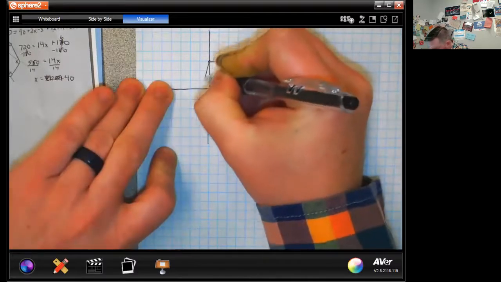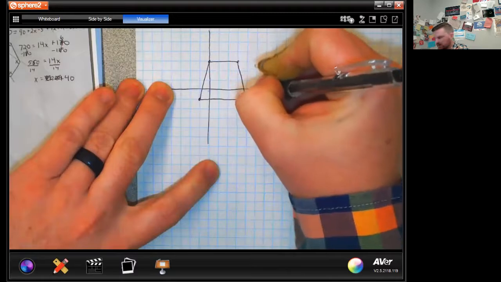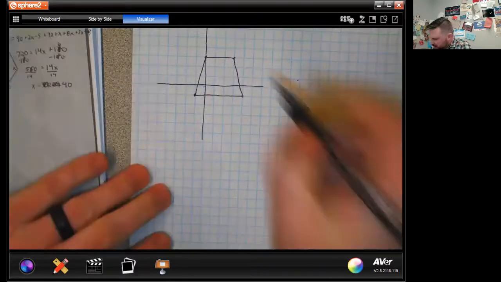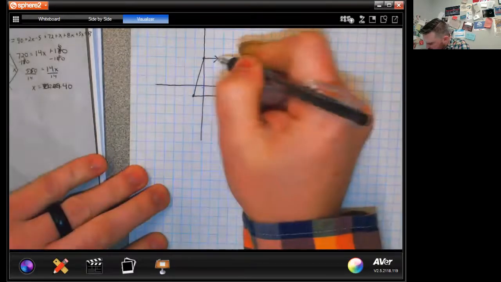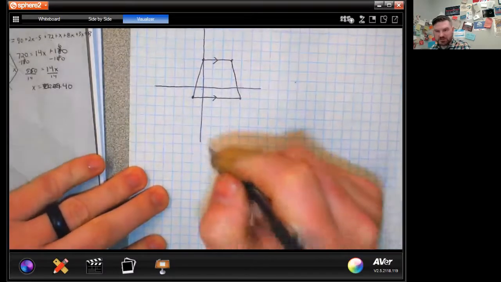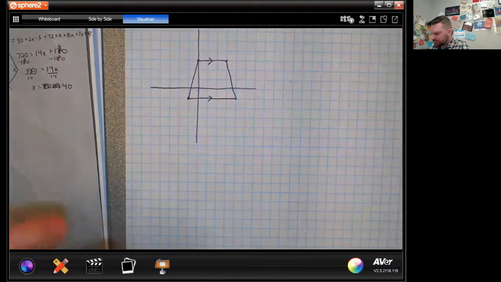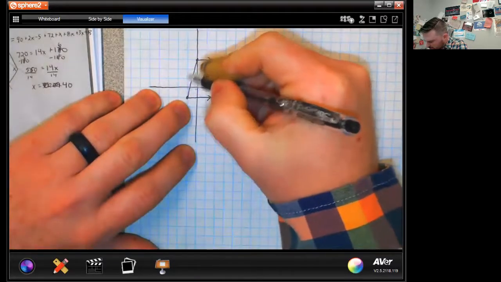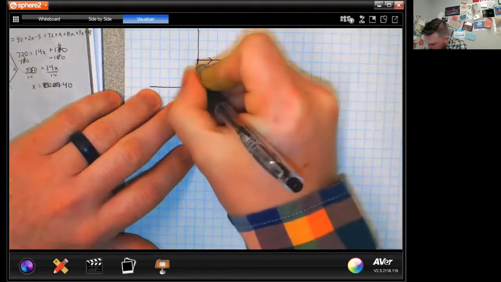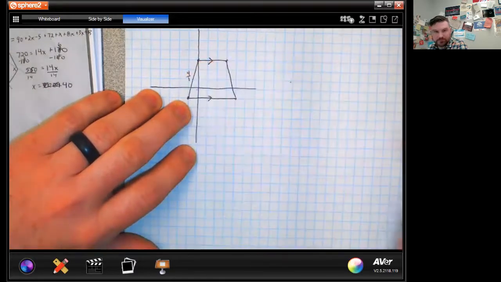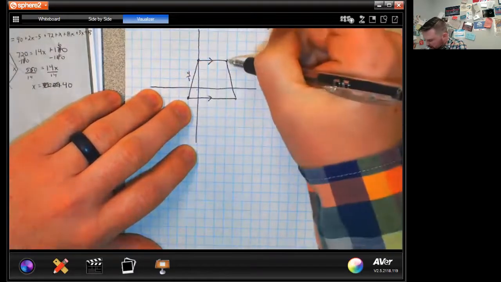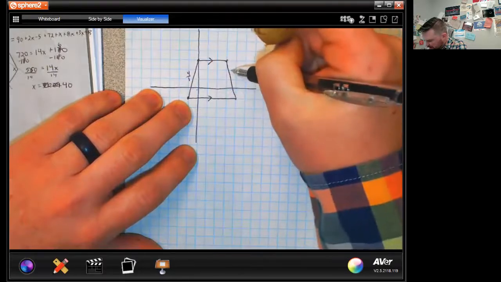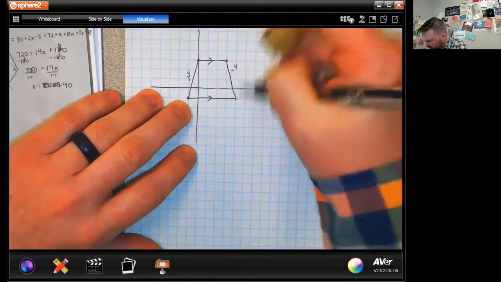Now we did graph this, so we can see what's going on here. These two are parallel. They have a slope of 0. They're straight horizontal lines. If I look at the slope of these, it's rise over run: 1, 2, 3, 4 over 1, so that is 4 over 1. And this one, the rise is 1, 2, 3, 4 down, so that would be -4, and I went right 1 over 1.